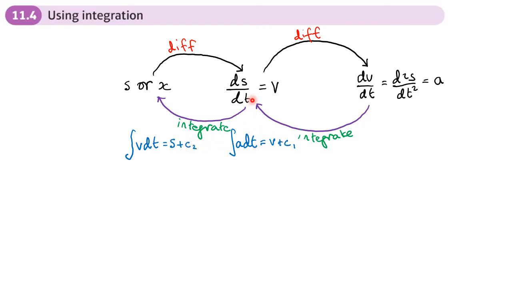Now, let's say, for example, there wasn't anything in the question that allowed you to work out C1. Well, then what you would have at the very end here is something slightly different.